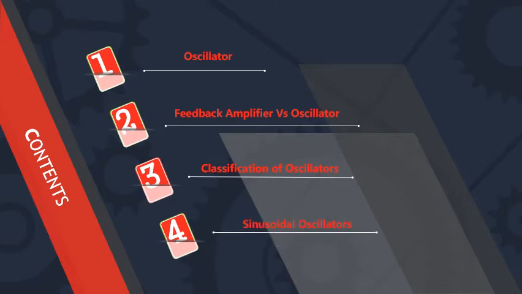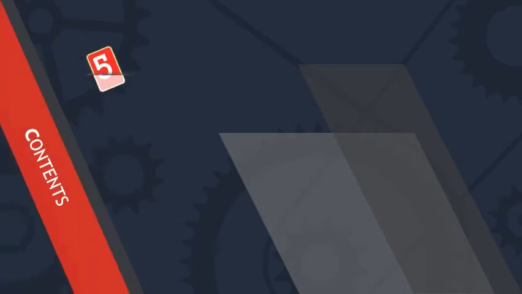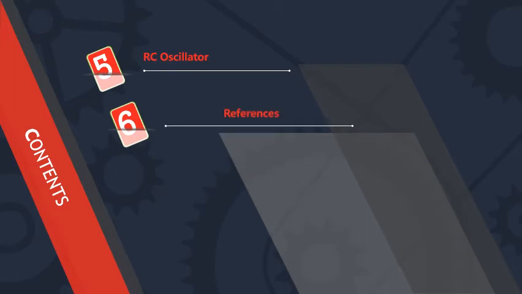After this, we will move on to sinusoidal oscillators. Next is RC oscillators. And the reference of this presentation. So, in this lecture, we will cover all these topics one by one.